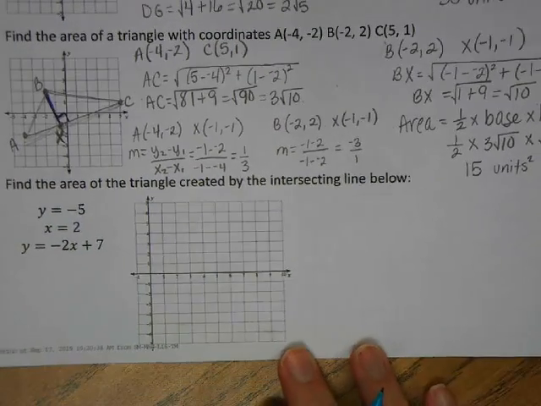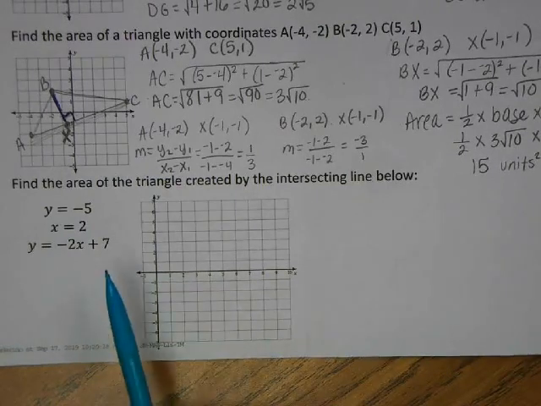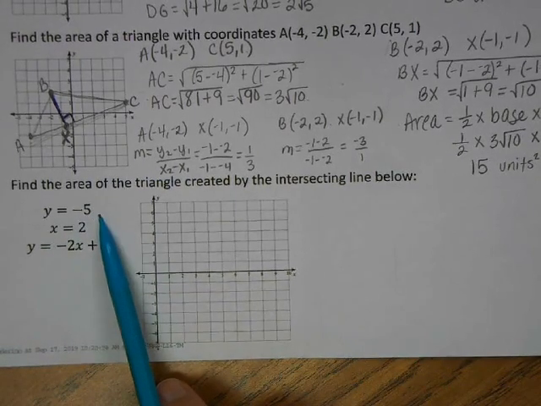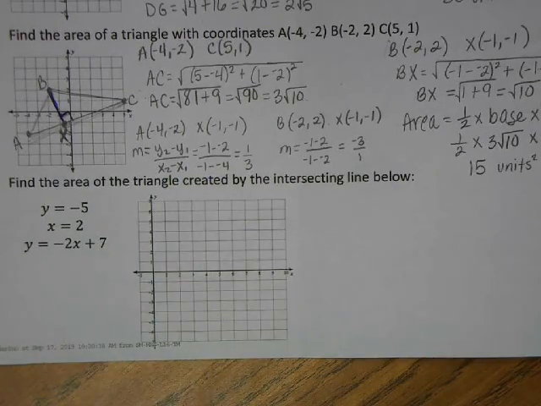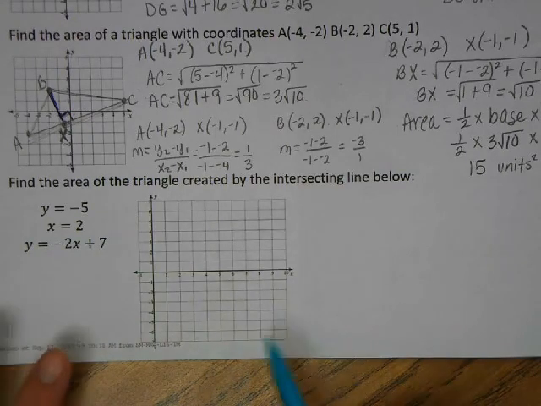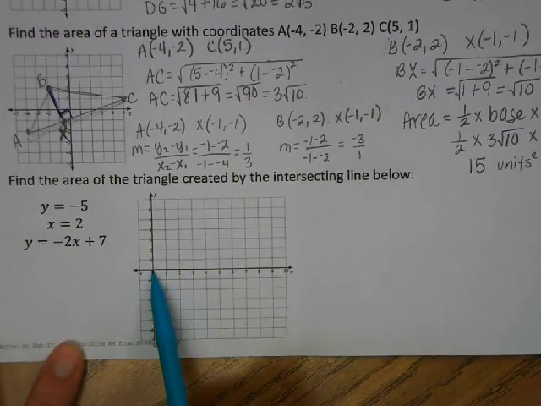All right, last example. We're going to get another triangle, but this time you have to see where the triangle is by graphing all 3 lines given and shading in the triangle that is created. So starting off first with y equals -5, that is a horizontal line.